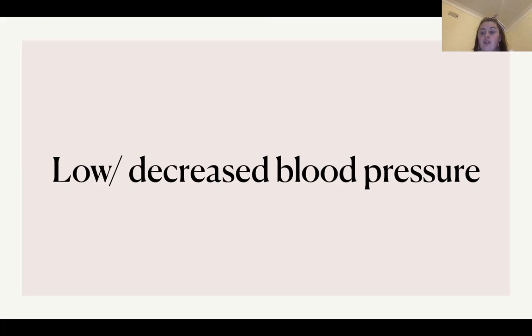Hypotension therefore occurs due to the widening of the blood vessels and the ability of pressure to be up against the vessel walls. Therefore, as his vessels have dilated, there is not enough pressure to give a high reading.